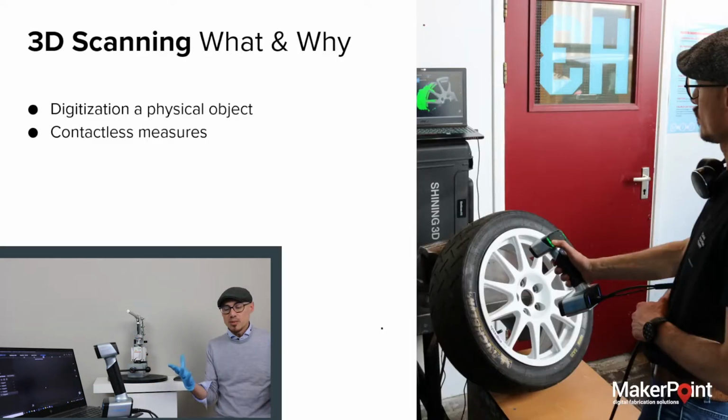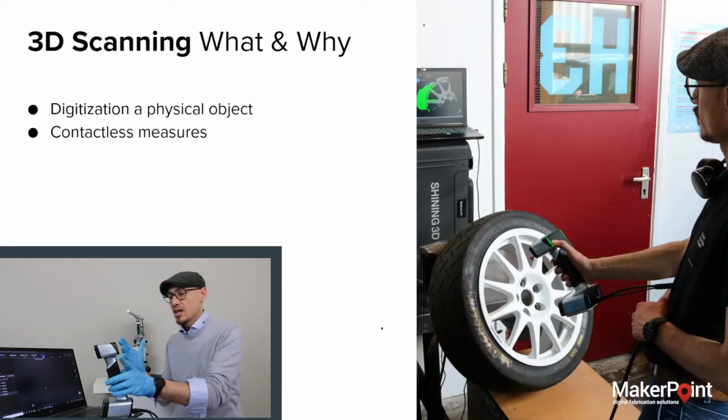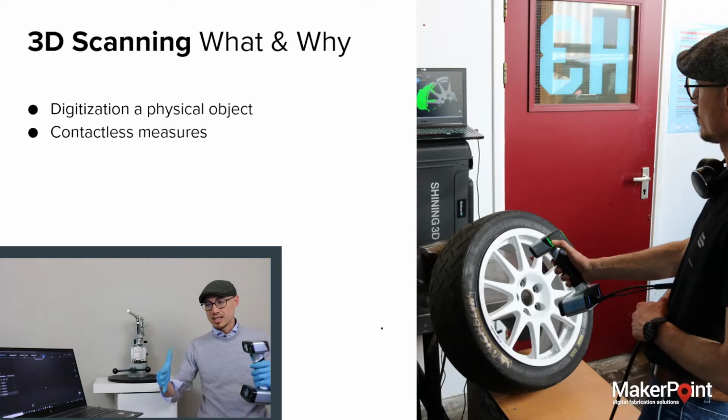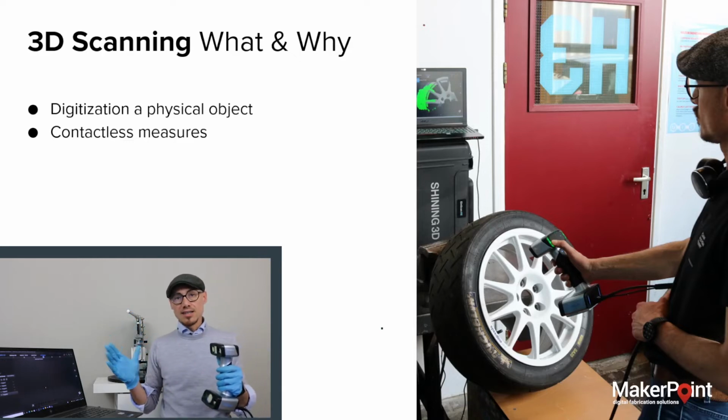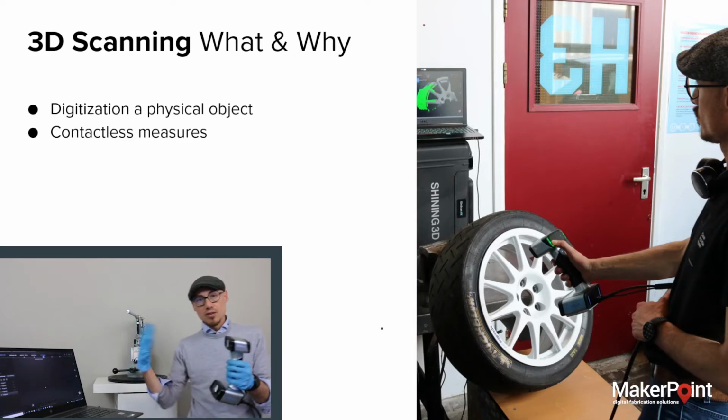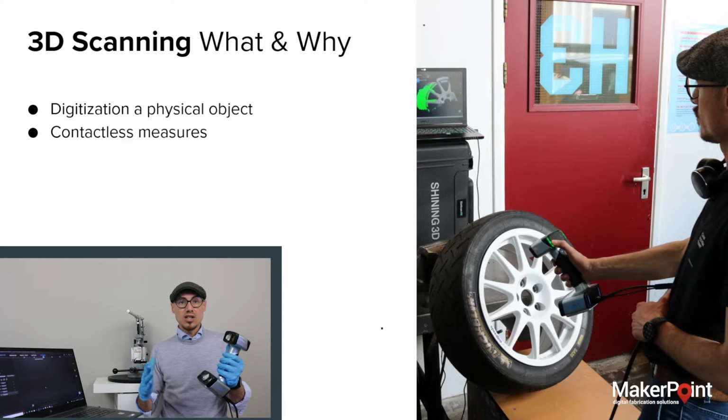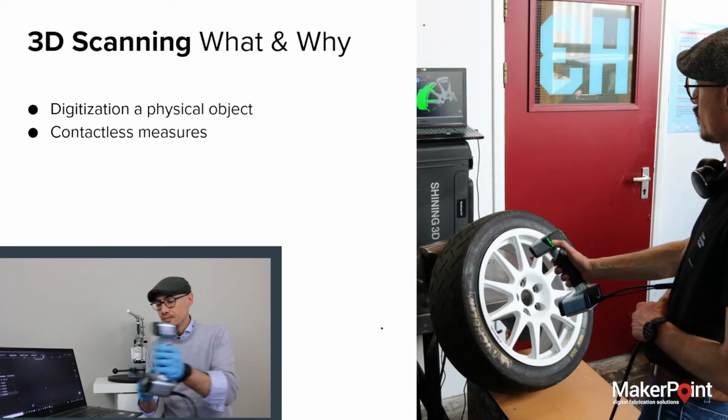It is important to say that all these scanners work contactless, so you don't need to touch your items in any way. There are different technologies, especially those we're going to see are structured light or laser.